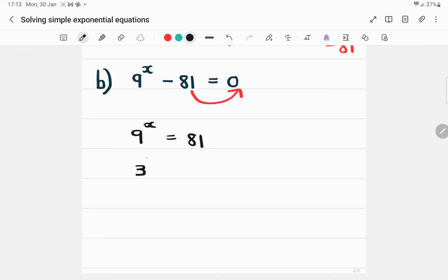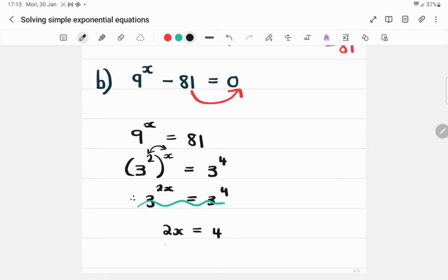So it's going to be 3 to the power of 2, if you replace the 9 as 3 to the power 2, and it's all raised to the power x, is equal to 3 to the power of 4. Remember, power raised to a further power, you multiply together. Then once we've got the same bases, we drop it like it's hot, and we've got 2x is equal to 4. Divide by 2 on each side, and x is equal to 2.